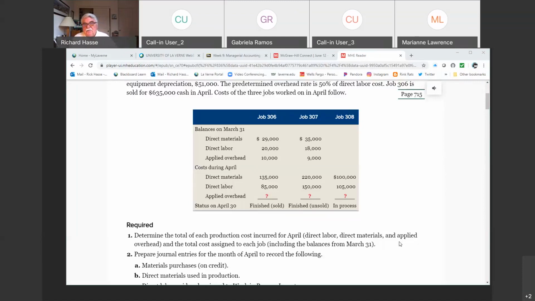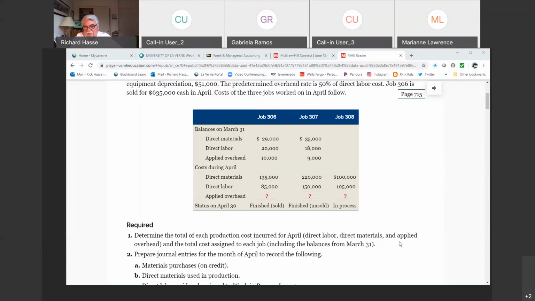Page 715 of your textbook, as you can see on the screen, is a problem that has to do with job order costing. Problem 9-1A. I want to go through this because it gives us a perfect definition of what we mean by costing, not by total cost that we just saw in chapter 18. It cost us $1.9 million to produce a product. Okay, that's great. But what is it costing us to produce individual products?